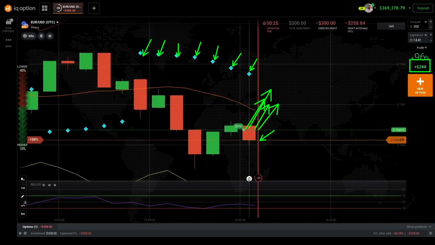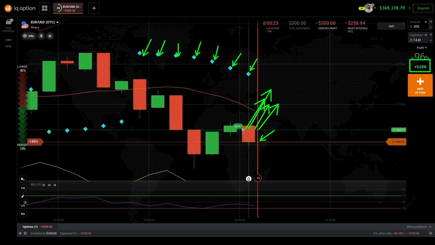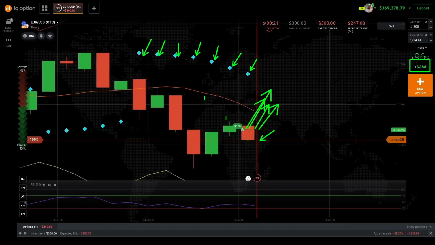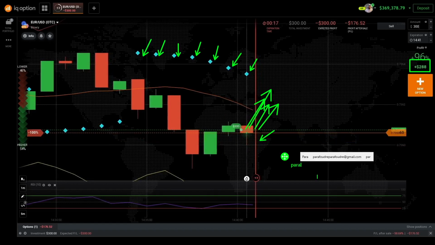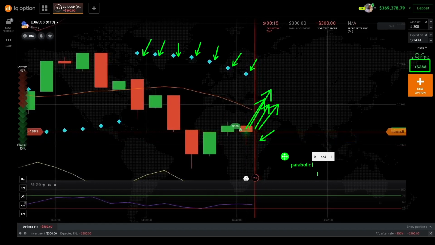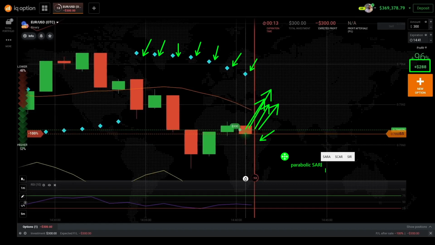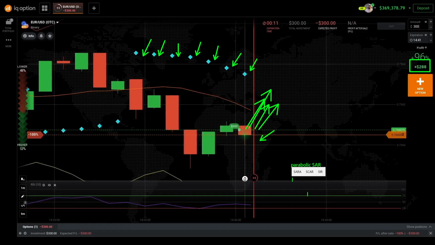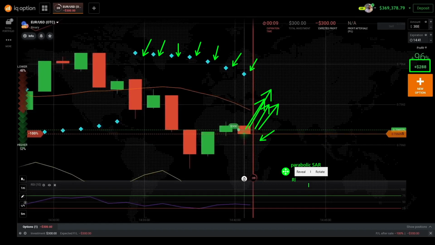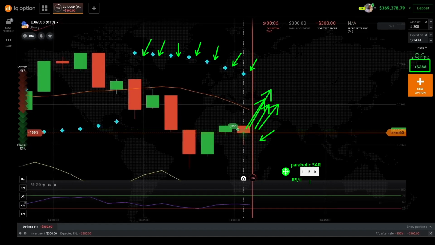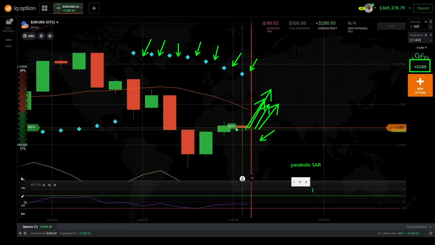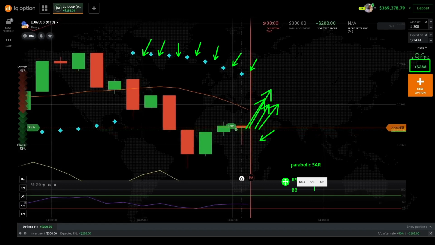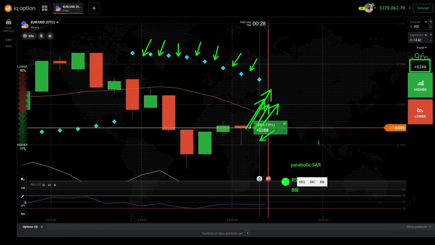So look here, using this indicator, which is called Parabolic SAR. I'm also using an indicator called RSI, and I'm also using an indicator called BB, or Bollinger Bands.